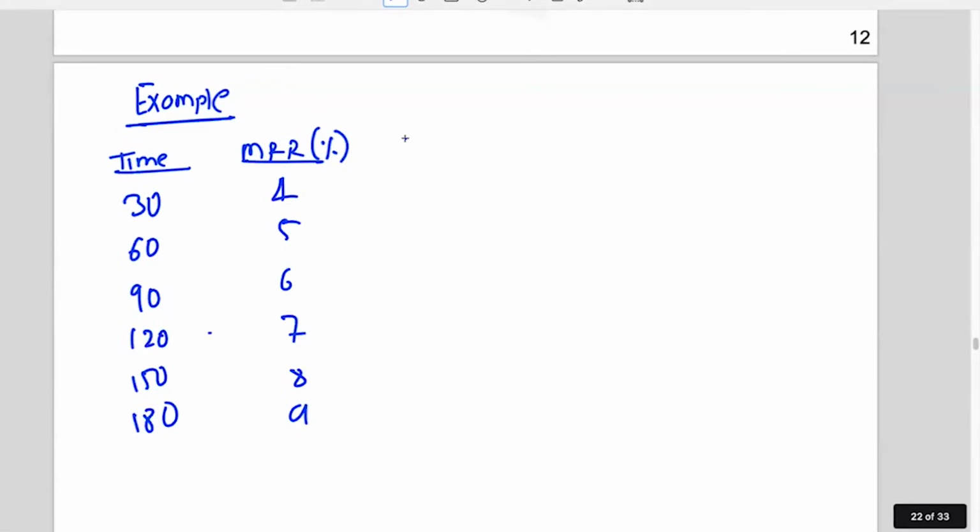So they'll give you data like this. And the question could be, hey, can you price a 2 into 3 FRA? It's the same thing as what we did in the derivatives and fixed income classes, finding a forward rate. It's just that this time around you have to do it with the MRR schedule.